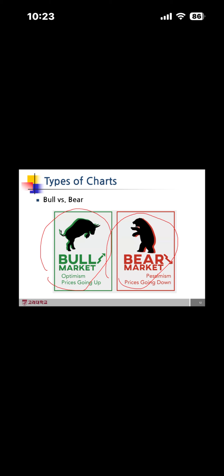The origin of this expression is unclear, but one reason could be that bulls attack by bringing their horns upward when they fight. While bears, when they fight, attack by swiping their hands downward.